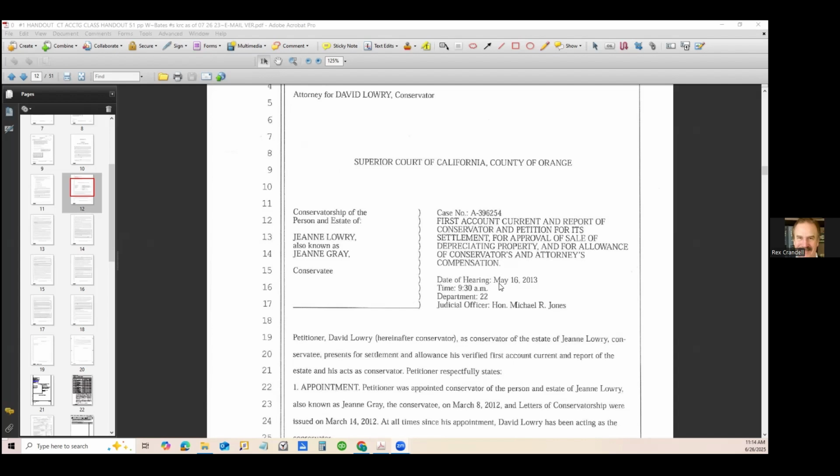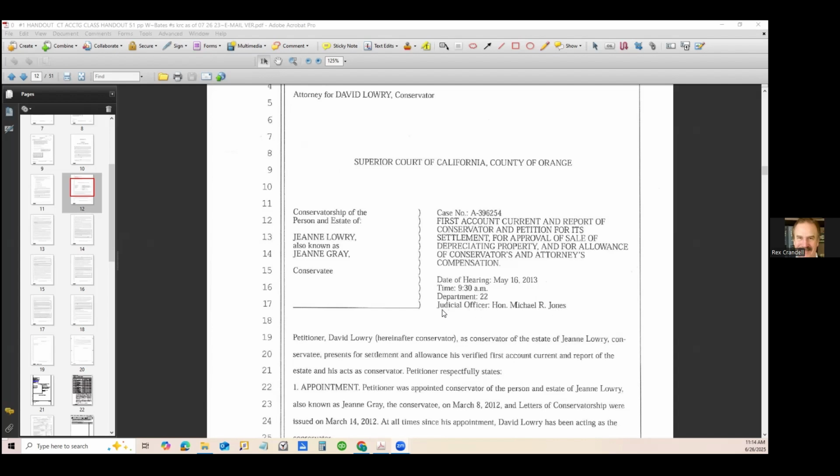The date of hearing will be left blank. The court will fill in the date of hearing once you submit this petition with your accounting. The time will be left blank. You will have the words date of hearing and time, you just will not put the date and time in here. You should know your department, whatever court you're in. I do not ever put in the judicial officer.